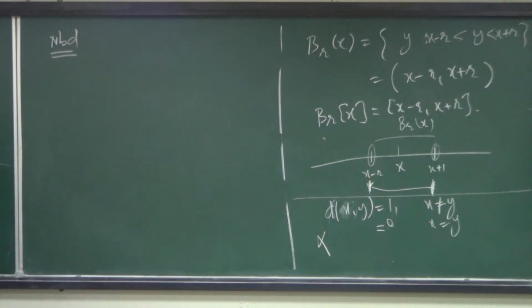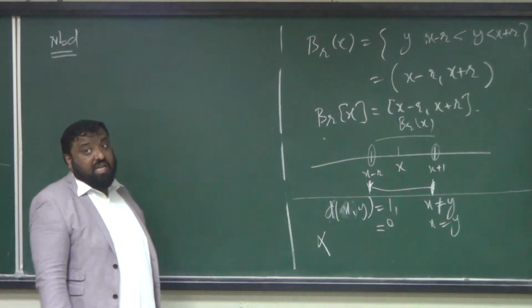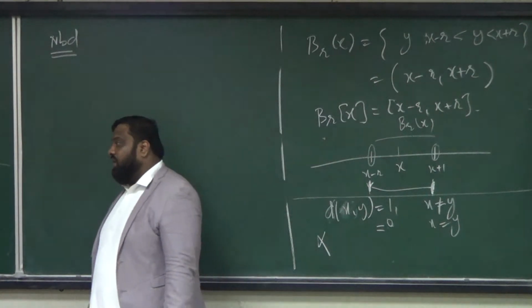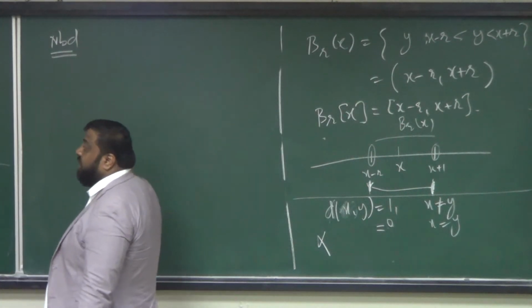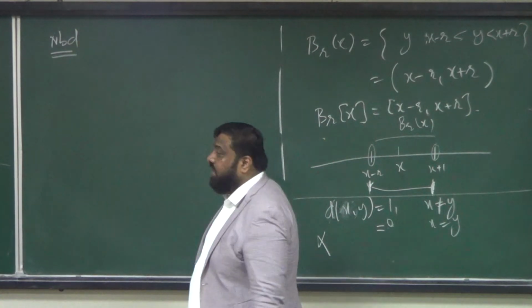Obviously, x comma y belong to X; you can't pick points outside X. It's an arbitrary point of X, so it's those points of X which satisfy this inequality.